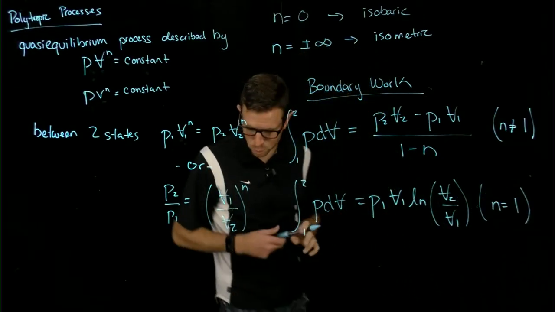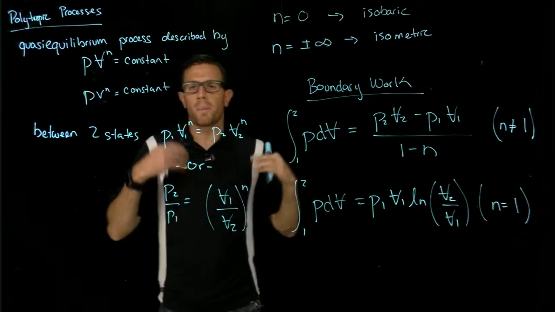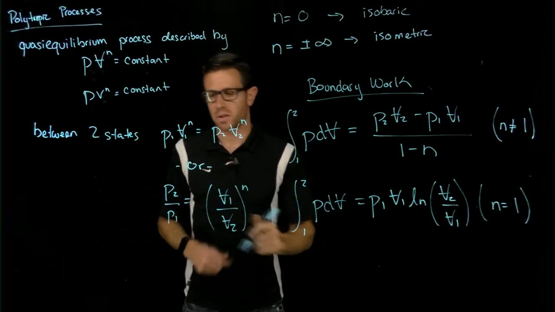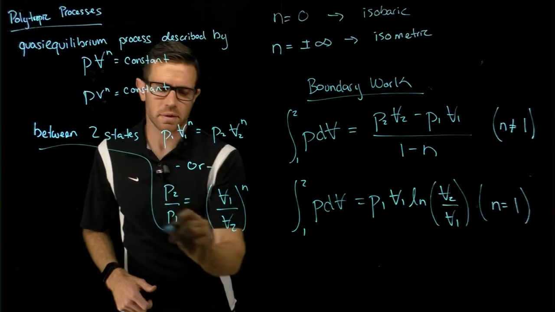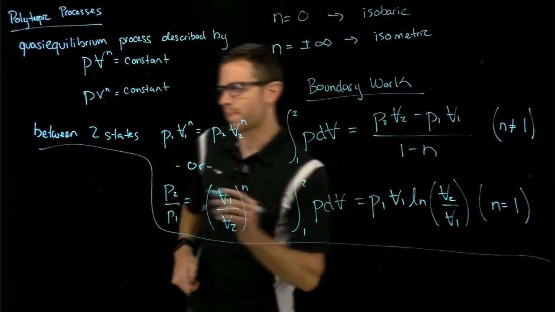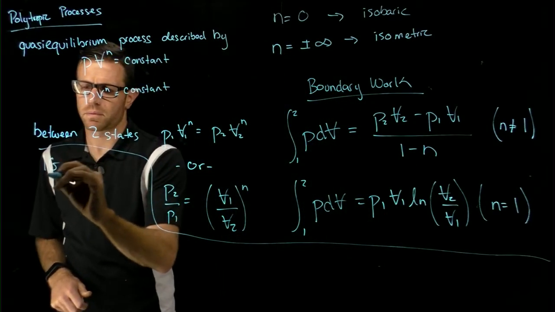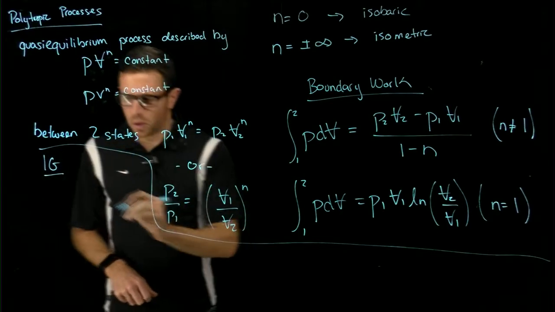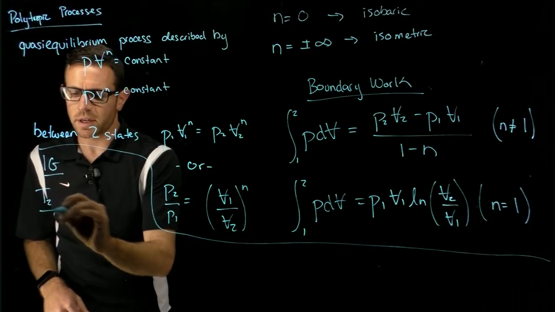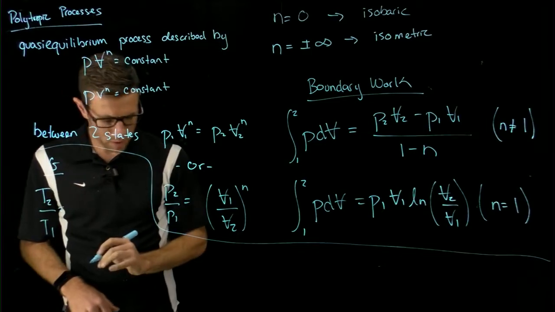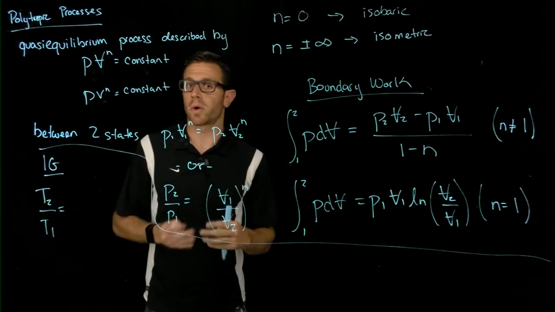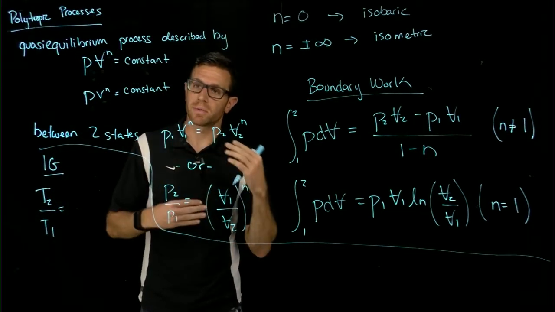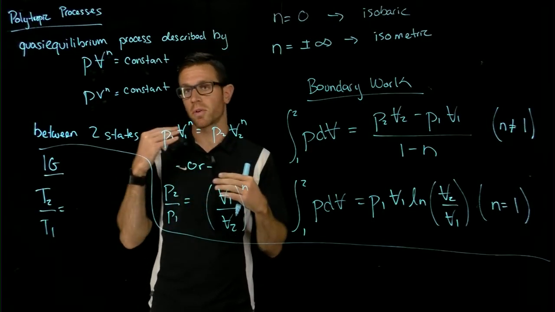Now, for an ideal gas executing a polytropic process, we can write T2 over T1, whereas before we would write maybe P1V1 over P2V2.